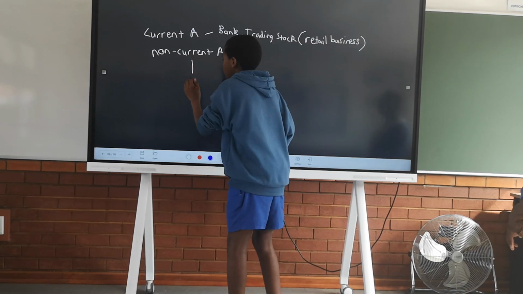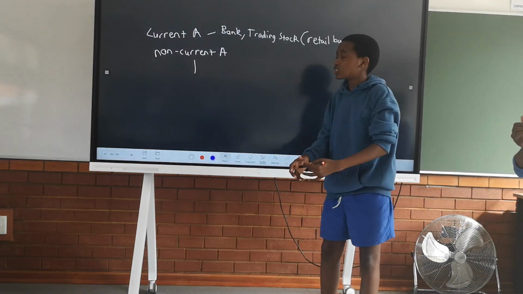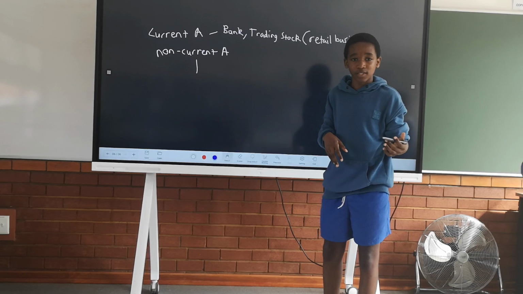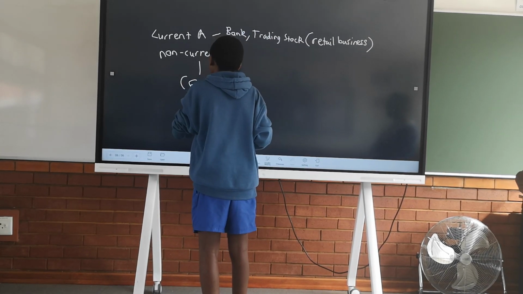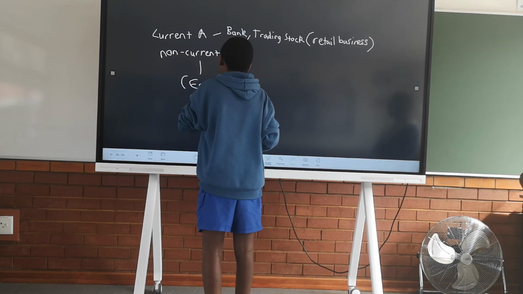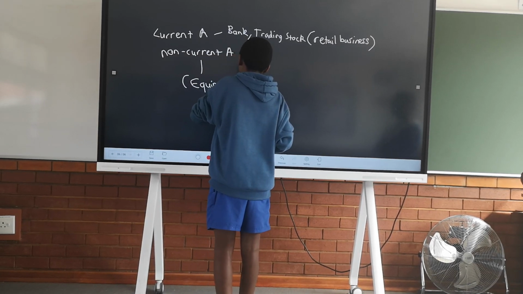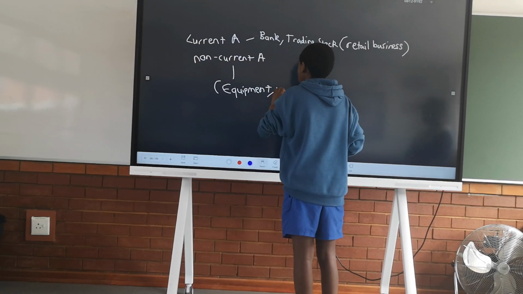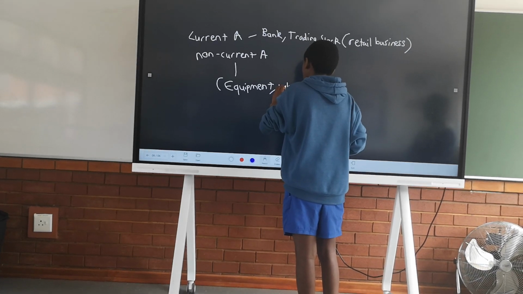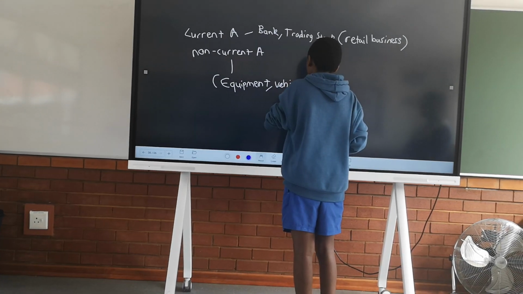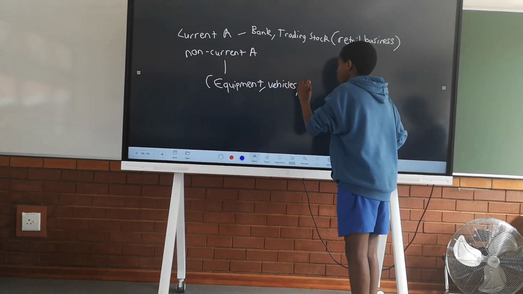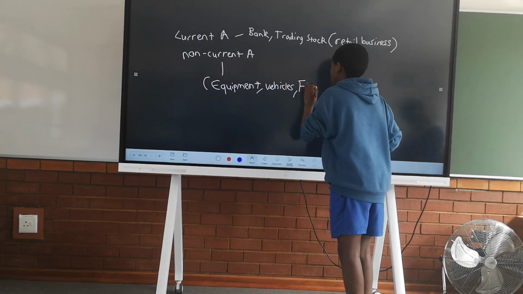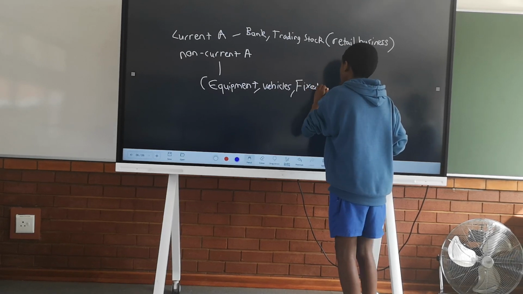Under our non-current assets. Non-current assets are the assets that can last over a year in the business. For example, that could be our equipment, our vehicles, and our fixed deposits.